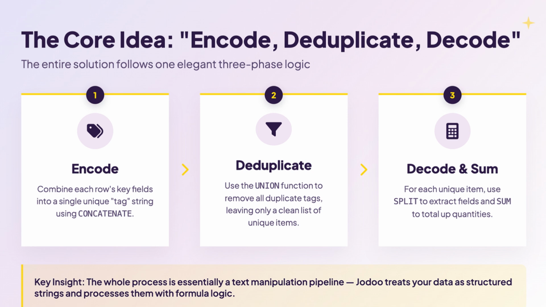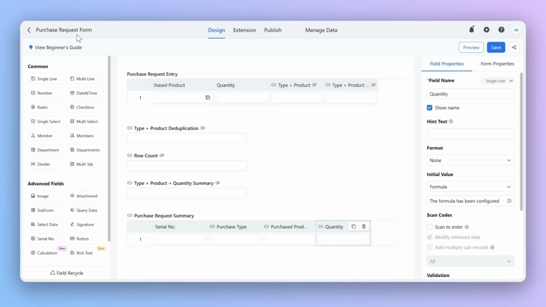Now, let's walk through the complete setup step by step. First, we'll create our main form, purchase request form, which contains two subforms. The first one is purchase request entry, which is where users enter raw data. Inside this subform, we add fields: purchase type, purchased product, quantity, type plus product plus quantity.